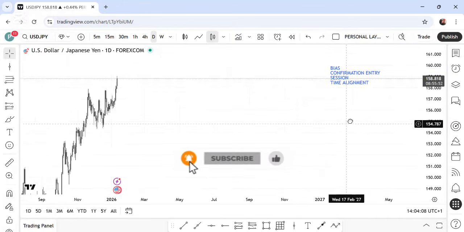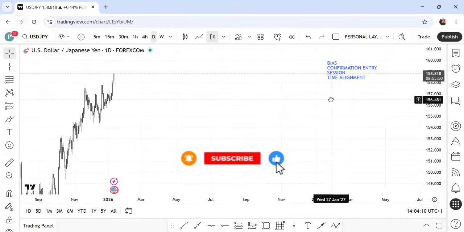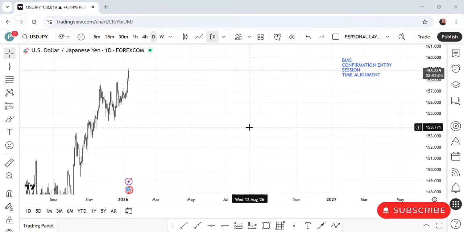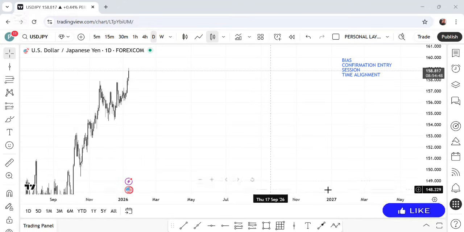So the first thing we're going to be doing here is to talk about time frame alignments. What are time frame alignments, right? Time frame alignment simply means knowing the perfect time frame to use in building your bias. For example, let's say you are starting your analysis from the weekly or monthly time frame, there are specific time frames you need to follow down to your entry time frame.